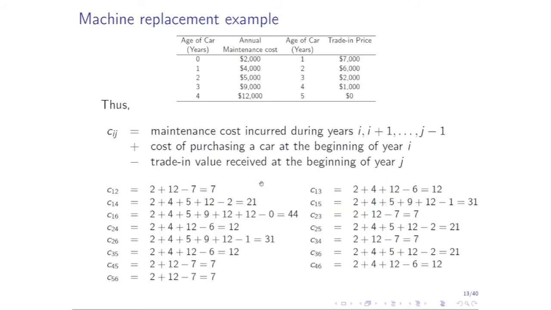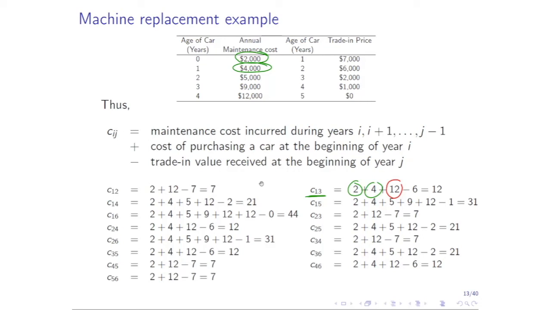So 1, 3, for example. Since I'm keeping the car for 2 years, I have to pay the maintenance in the first year and the maintenance in the second year, right? Then I will also have to buy a new car, so I will have to pay an extra $12,000.